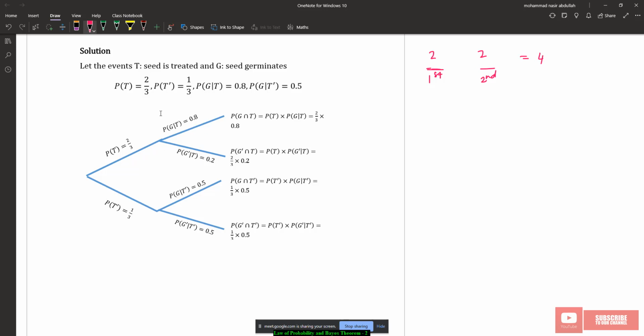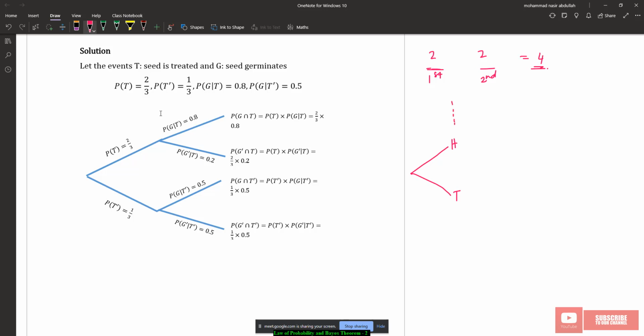So what are the outcomes? To display or construct all the outcomes, we can draw a tree diagram. So first, we draw, we have 2 outcomes. So it splits into head or tail.